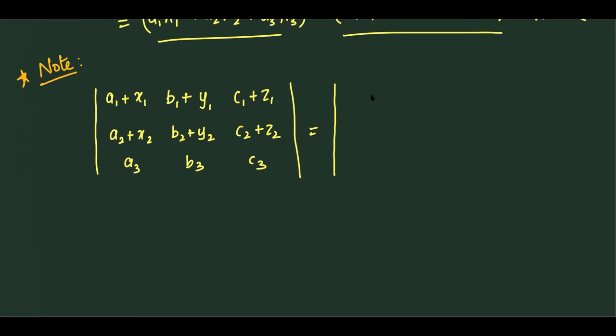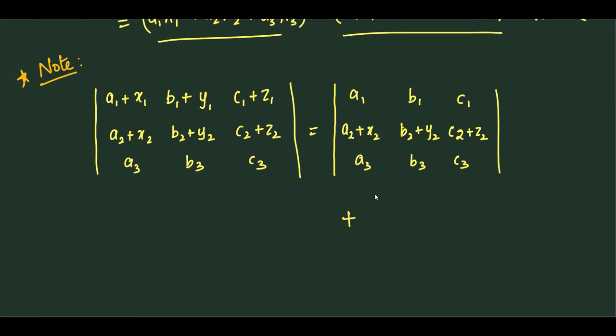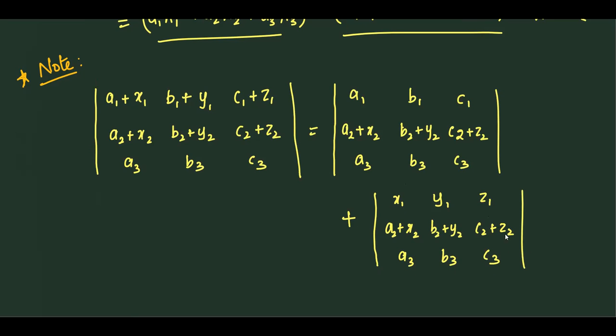You will get 2 terms first: a1, b1, c1 with a2 plus x2, b2 plus y2, c2 plus z2 remaining as it is, and a3, b3, c3, plus x1, y1, z1 with a2 plus x2, b2 plus y2, c2 plus z2, and a3, b3, c3. Now you will have to split the second row in each of these into 2.